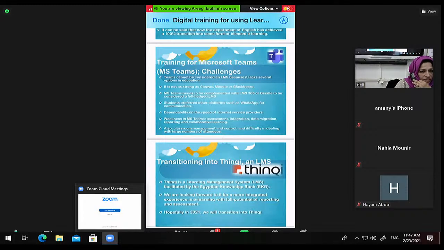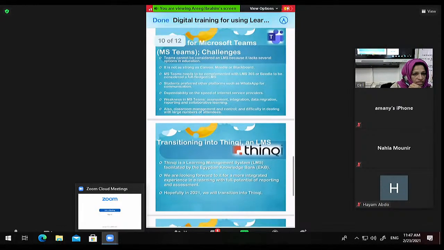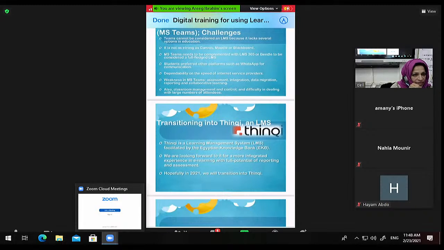And with these challenges, in the second semester, the university is thinking of moving into a new platform called Thinky. This is a complete learning management system facilitated by the Egyptian Knowledge Bank.